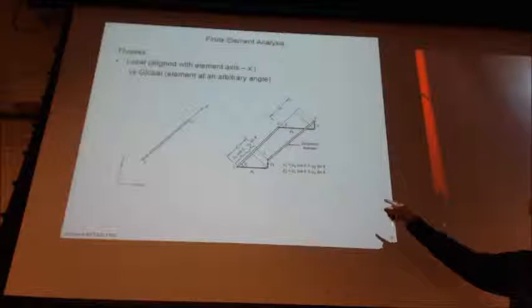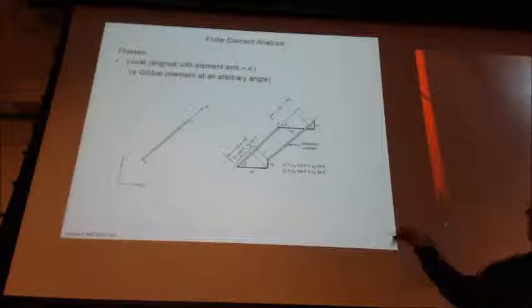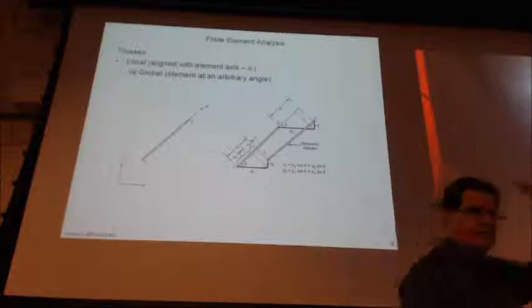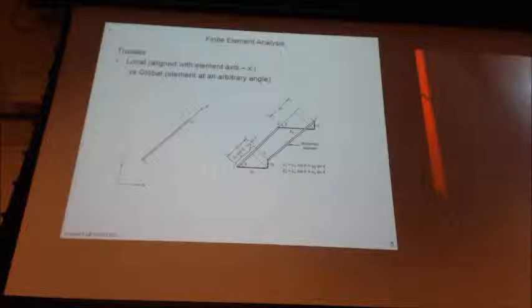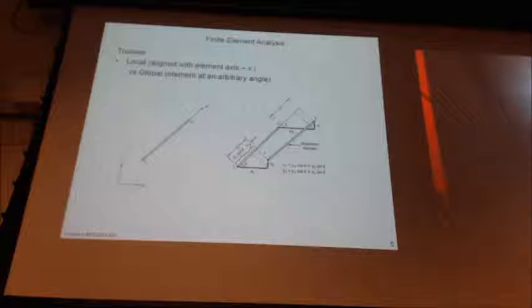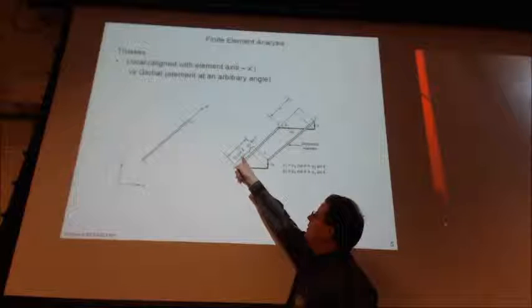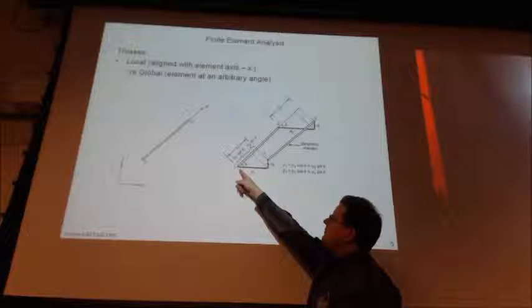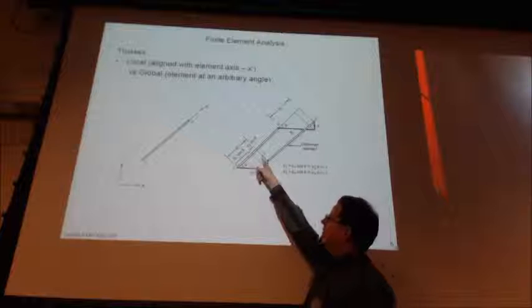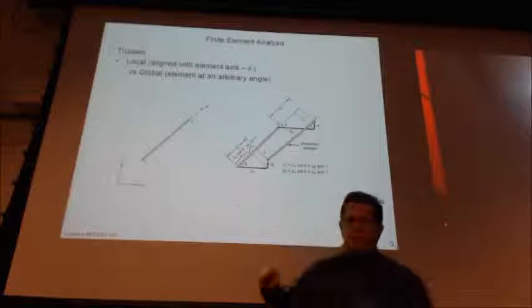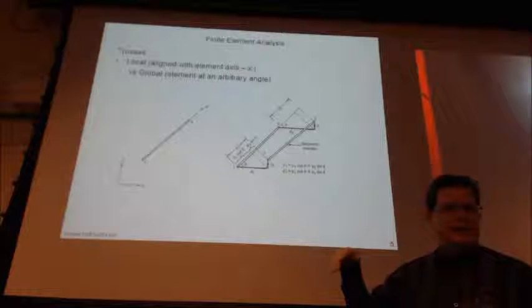So the local is aligned with the truss, and our global is going to be our big XYZ for the frame of our whole structure. And so when we get to the angled one, we've got to go some distance in the X, some distance in the Y to determine any kind of motion when we have our truss element at an angle, right?